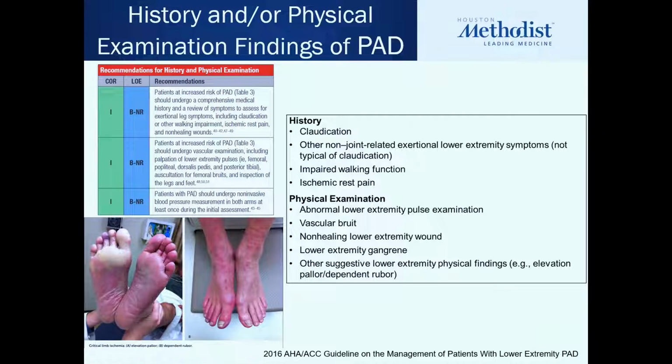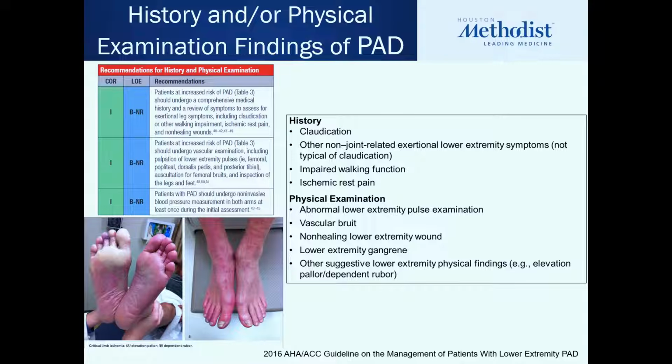And the history is exactly what we talked about: eliciting signs and symptoms of claudication, signs and symptoms of pseudoclaudication, finding out how much they can walk, when their pain occurs, how long the pain lasts, what relieves it, and the intensity and type of pain they have. Very important to elicit this. And then, of course, to perform a physical exam.